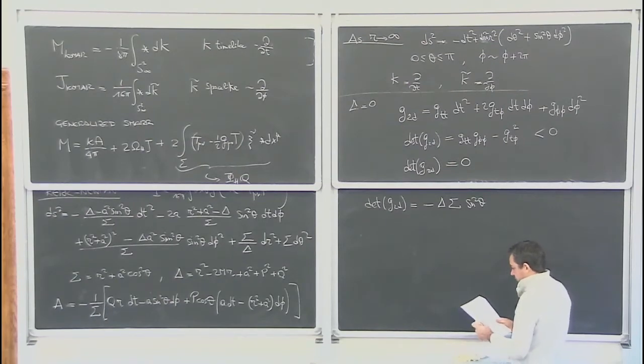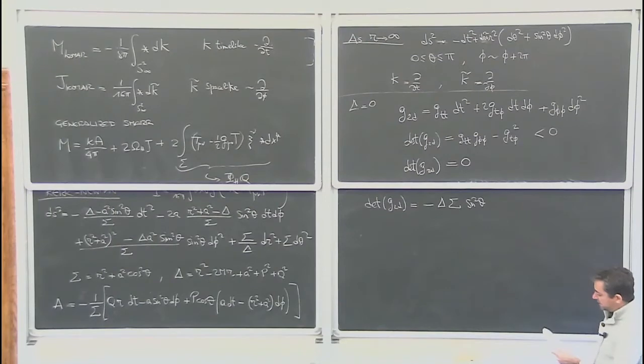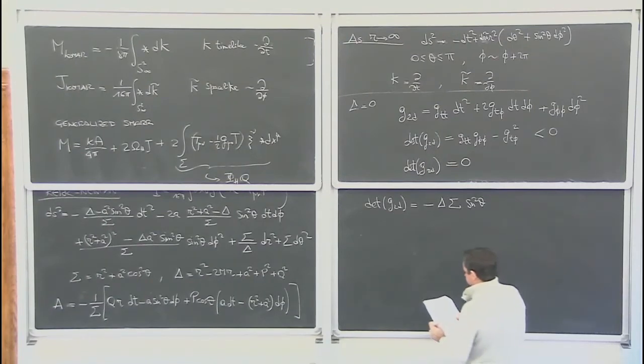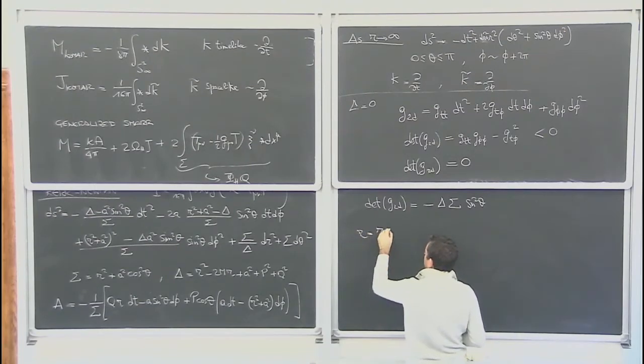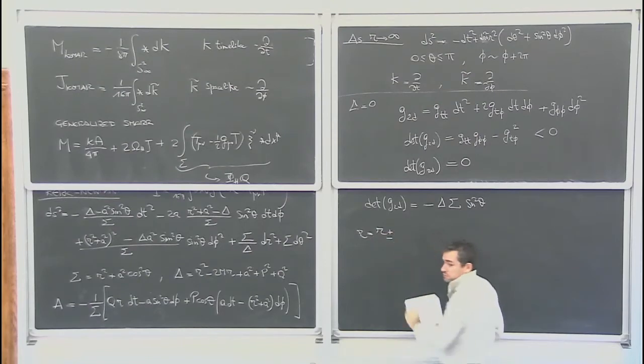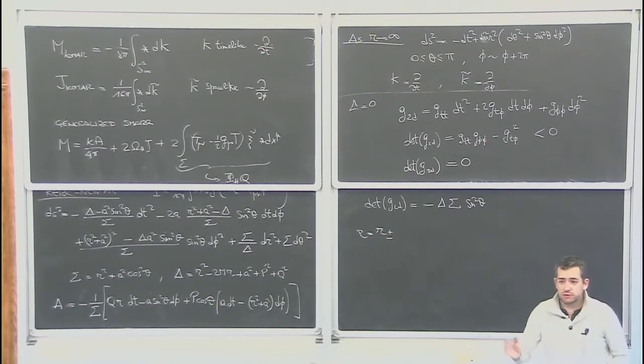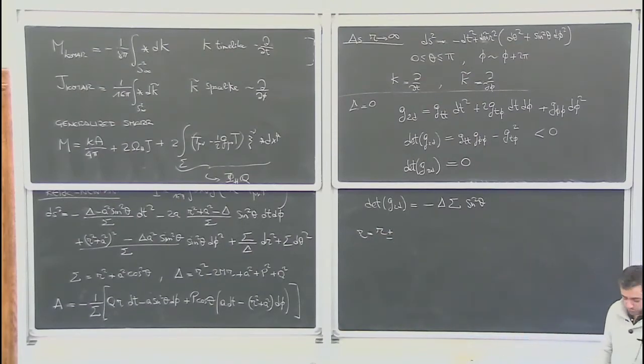And so it is when delta equals 0 that this null hypersurface appears. And delta becomes 0 when r is equal to r plus or r minus. So in these positions we have null hypersurfaces.